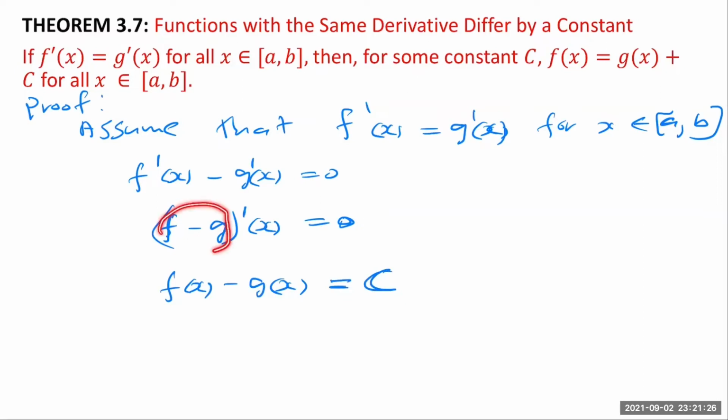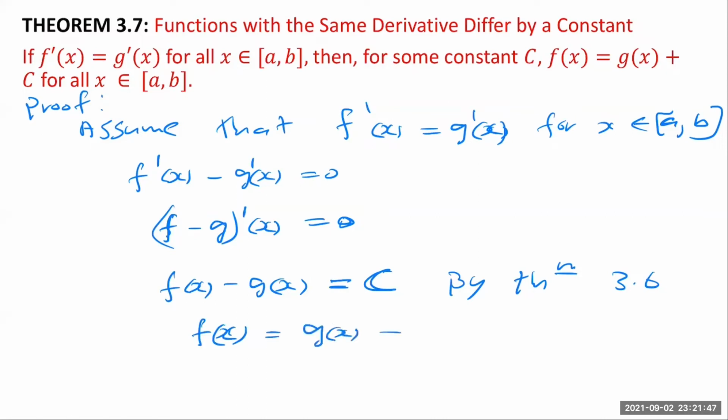The derivative of this function is equal to 0, then that function has to be a constant by theorem 3.6. That means you can, of course, move your g of x to the other side to get the desired result, plus c, as needed.